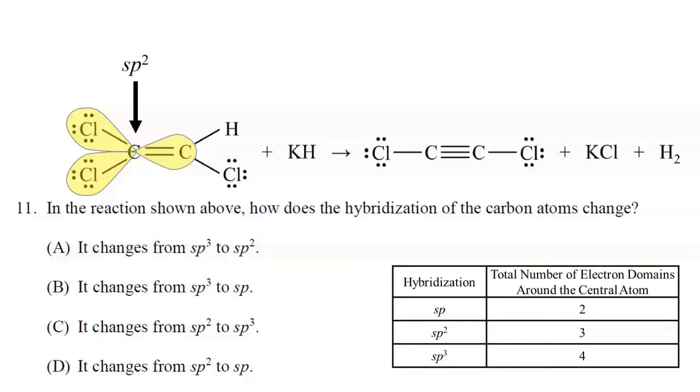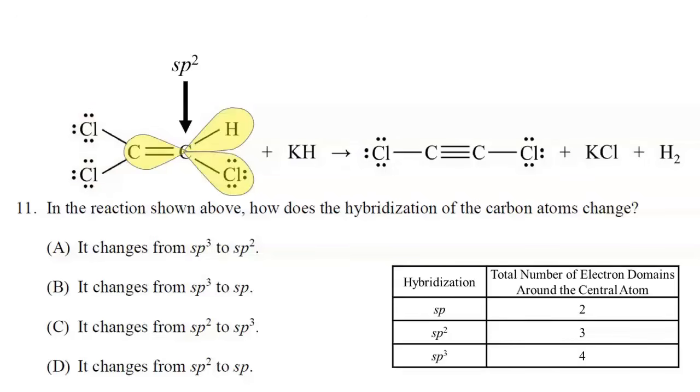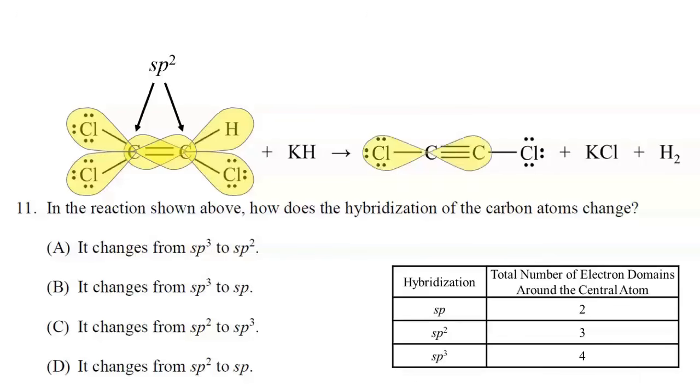Now, the next carbon in that same molecule also has 3 electron domains, 3 bonding domains. So that is also sp2 hybridized. So as far as the correct answer to this question, we know it's changing from sp2 to something else. So the correct answer is either C or D. On the right side of the equation, I see a carbon with 2 electron domains and no lone pairs on the central atom.